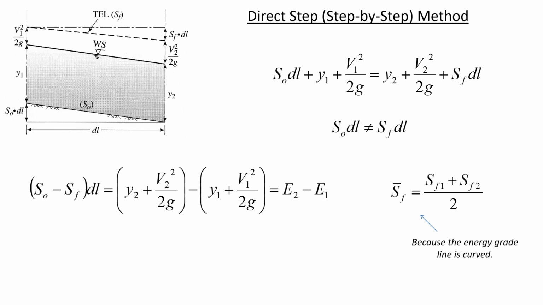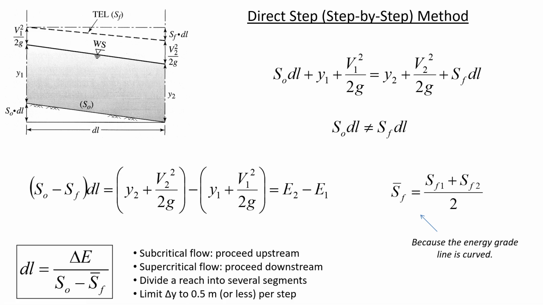And we do it that way because the energy grade line is curved, and we have to be cautious about how far over a distance we linearize it, but it's slightly less inaccurate if we find the slope of the energy grade line at the midpoint rather than at either of the ends. And then the distance between the 2 points is the change in specific energy divided by the channel slope minus the slope of the energy grade line at the midpoint.